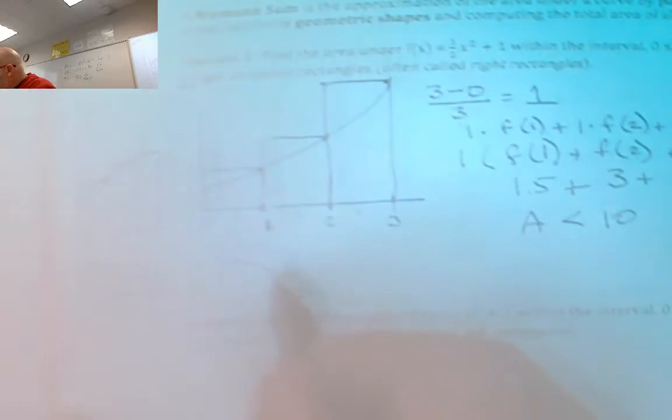And this is concave up, but both of them are decreasing, and now I'm doing a right. These are all right, correct? They're both decreasing. Is it an overestimate now? It's an under, isn't it?